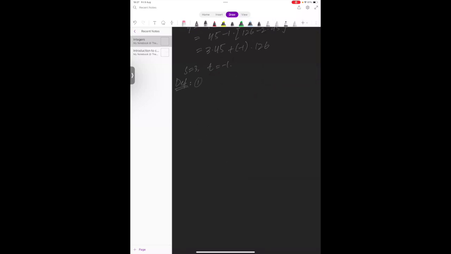Number one, an integer p greater than 1 is called prime if the only divisors of p are plus minus 1 and plus minus p.